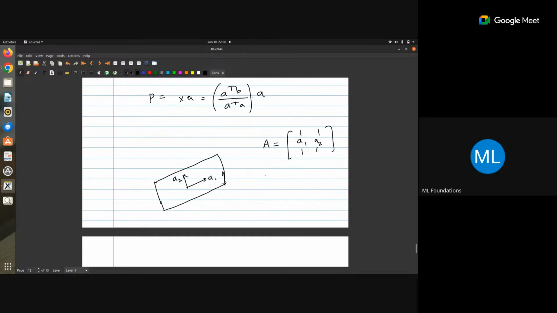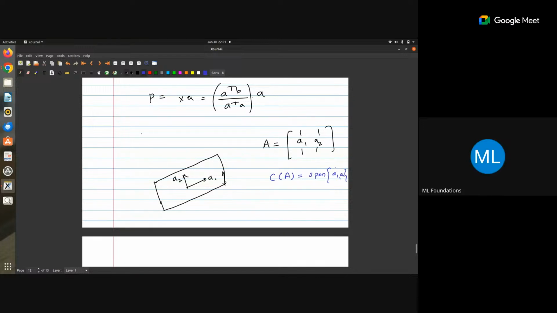I'm just saying that this matrix A has two vectors a1, a2 here, and this entire plane will represent what? The column space of A, considering a1, a2 are independent of each other. Is that okay? What is the column space of A? It's the span of a1, a2.